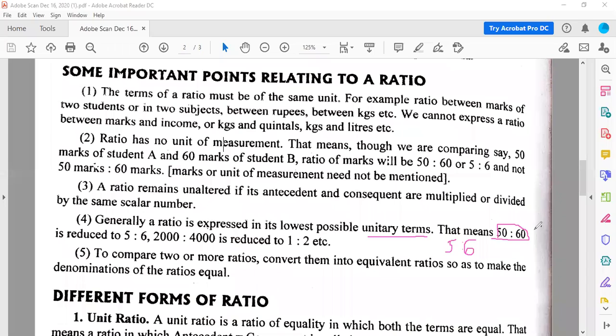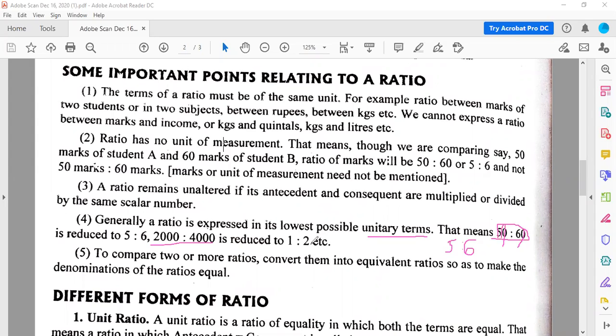Just take out the zeros and represent it as 5 is to 6. Now if you see 2000 is to 4000, which we just solved, you will get 1 is to 2. You have to represent the ratio in the lowest possible, simplified way.